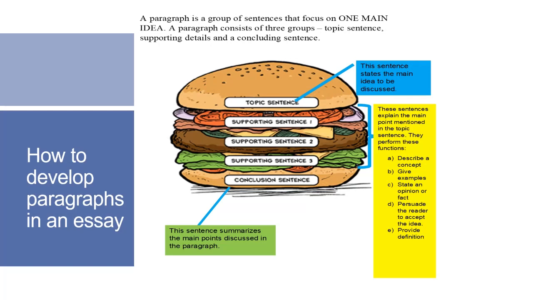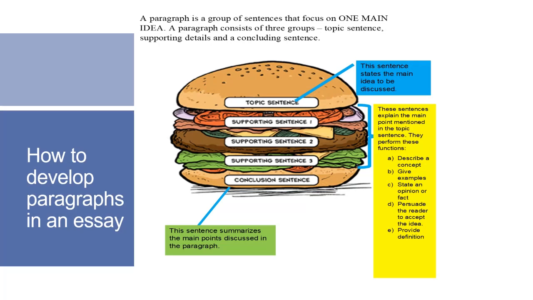Now, the supporting details have specific functions. After you have written your topic sentence, the supporting details should describe a concept mentioned in the topic sentence. It could give examples of the main point you mentioned in the topic sentence. You may state an opinion or fact about the main point you mentioned in the topic sentence. You may also provide a definition.